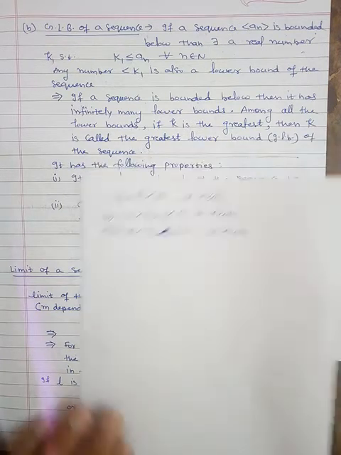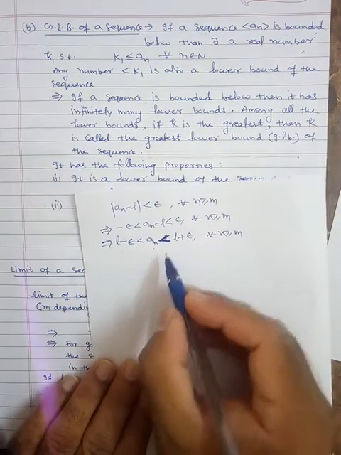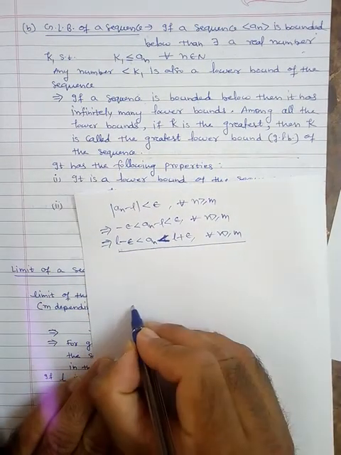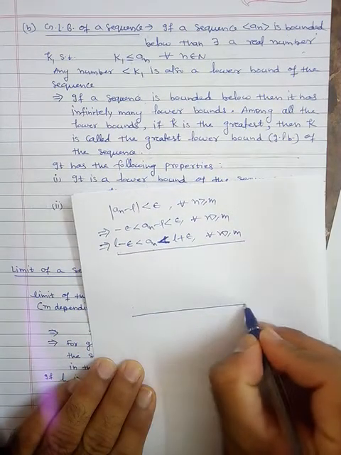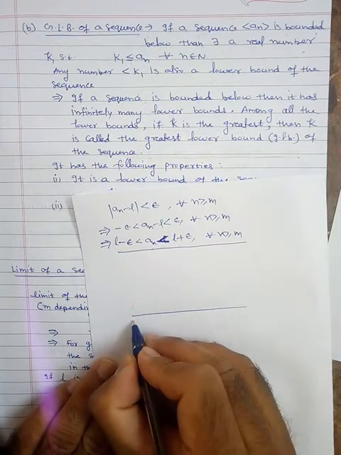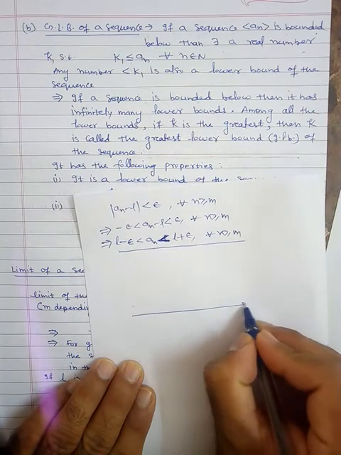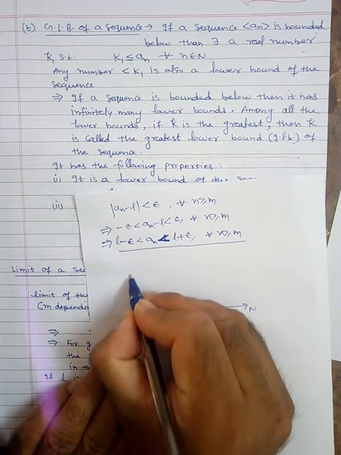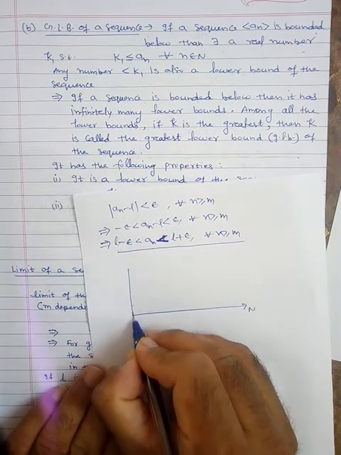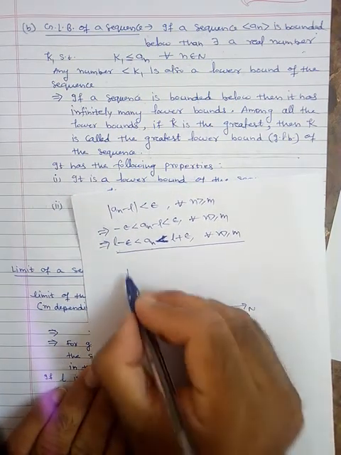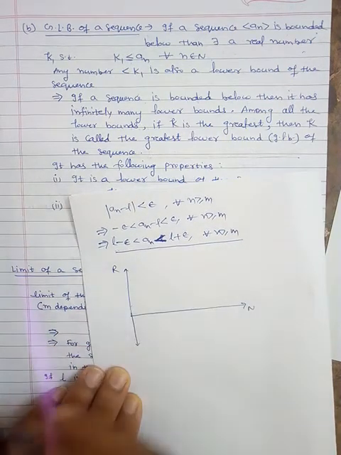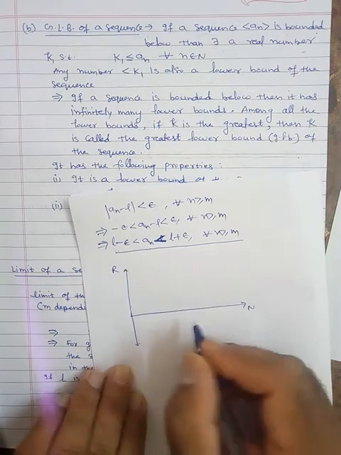Graphically, you can understand this situation as follows. If we draw the graph, this is the domain of the sequence, which is the natural numbers, and the range is the set of real numbers, maybe positive or negative, because we are talking about a real sequence.